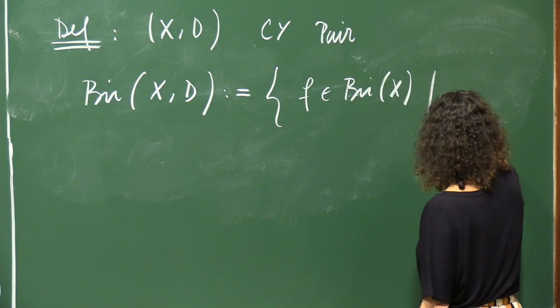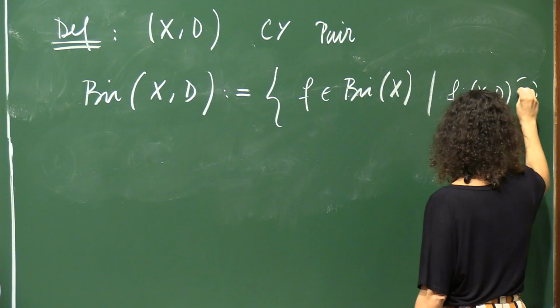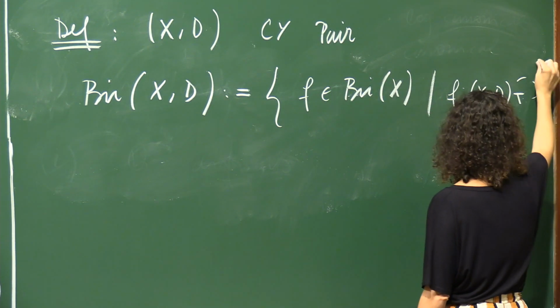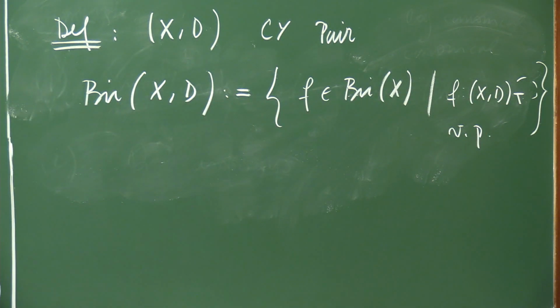So F, as a map from the pair (X, D) to itself, is volume preserving. And this is the group that we will be interested in. So let me give you some examples. Let me give you one very nice example that was computed by Jérémy Blanc.